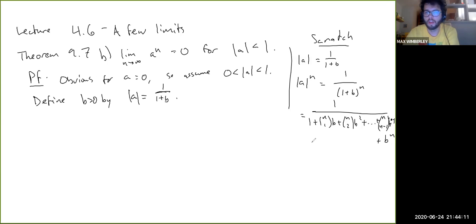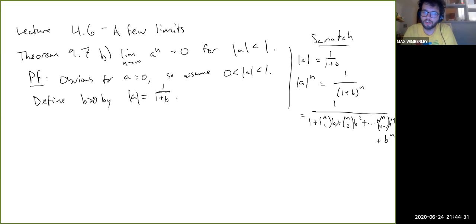Okay. And then what they say is that because b is greater than 0, every term in the denominator here is actually greater than 0. So by deleting several of these terms, we'll be making the denominator smaller. And by making the denominator smaller, we make the overall value larger, right?